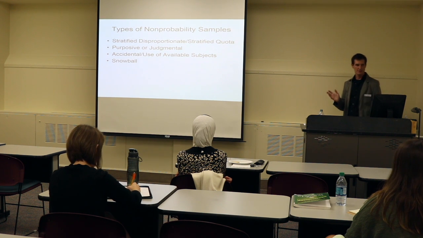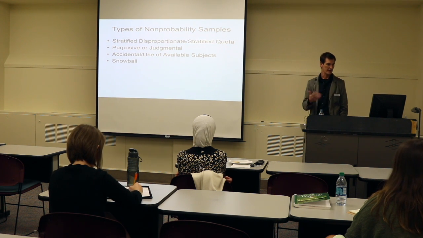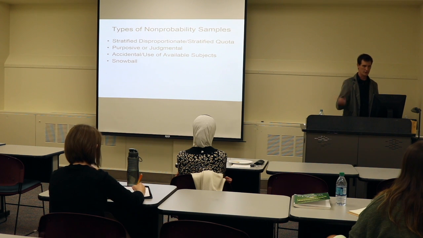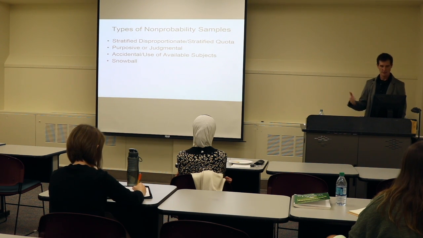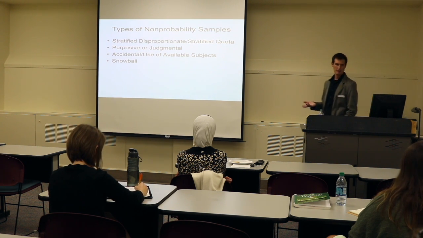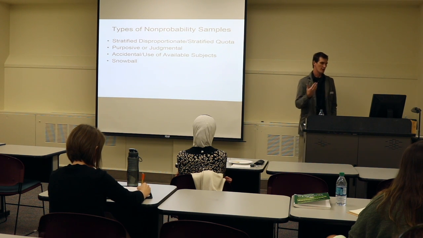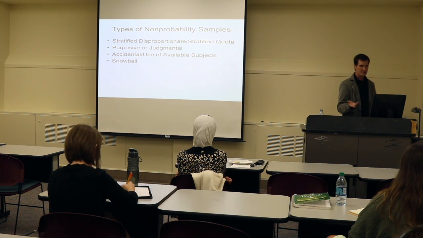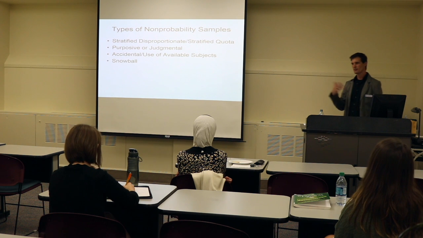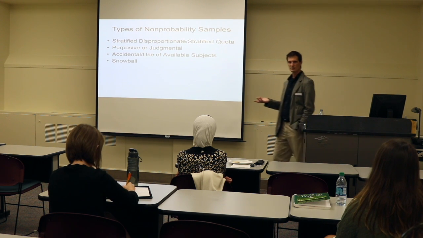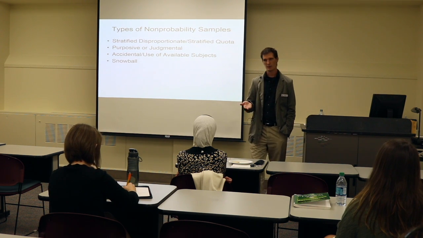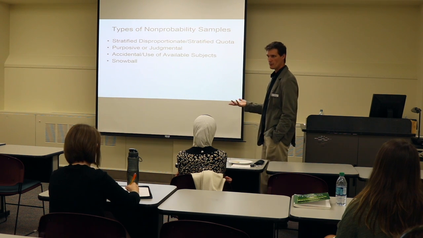So there are different types of non-probability samples available. This is, of course, not an exhaustive list, but some of the most commonly used non-probability sampling strategies that I'll talk about. The stratified disproportionate sample, or sometimes referred to as the stratified quota sample, most commonly probably just referred to as a quota sample, right?